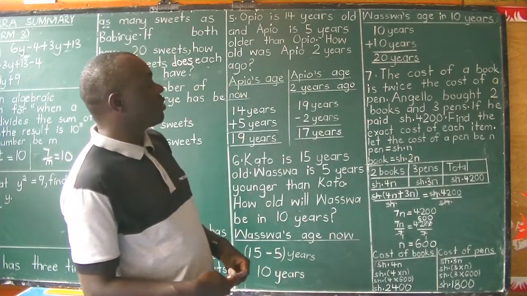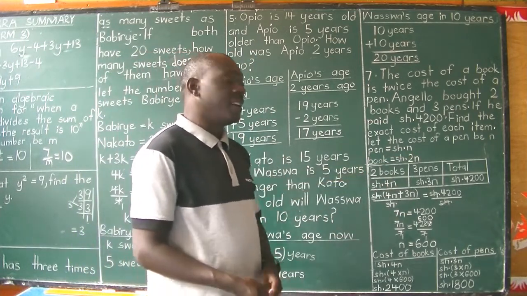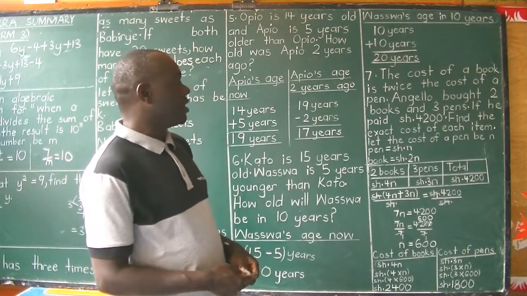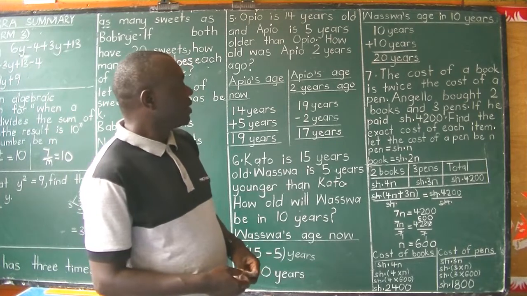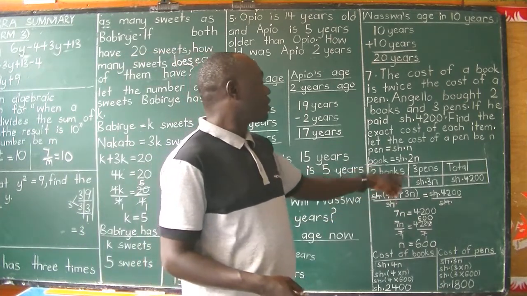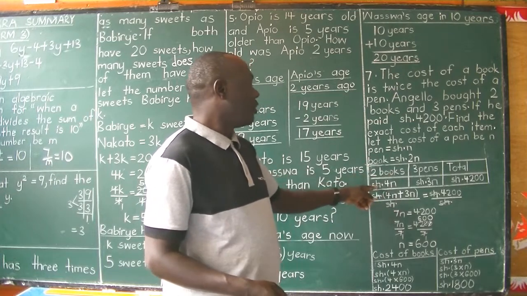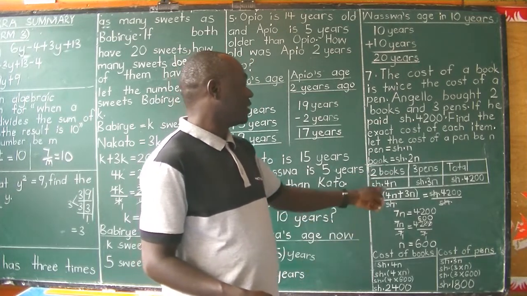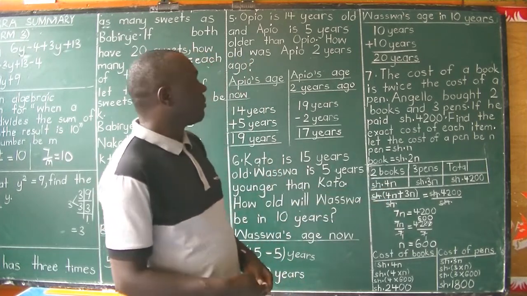But remember, he did not buy a single pen, and neither did he buy a single book, but in numbers. So he bought 2 books. If a book costs 2n, then 2 books will cost 4n. That's 2n plus 2n, you get 4n.